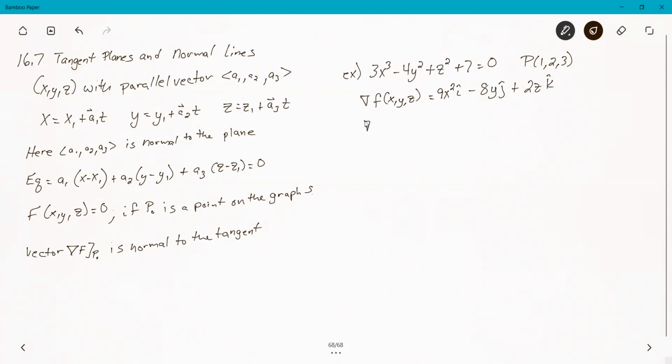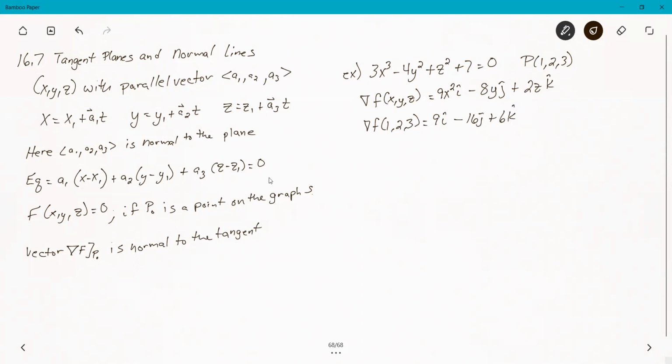And then let's go ahead and plug in our point 1, 2, 3. So that's going to give me 9 i hat, because 1 squared is 1, 1 times 9 is 9, and then minus 8 times whatever my y is, which is 2, so that's 16 j hat, plus 2 times z, which is 3, so that's 6 k hat.